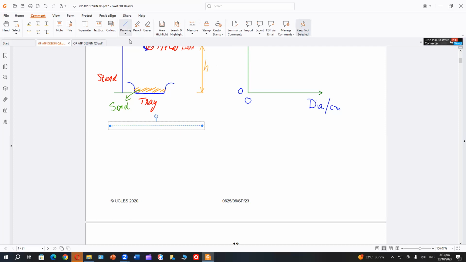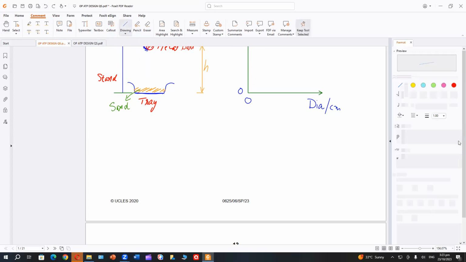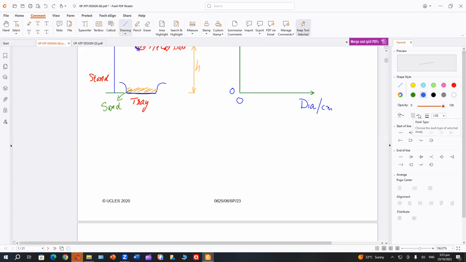Now, how can I make the table? Okay, can you tell me the table column headings? What columns should I make?